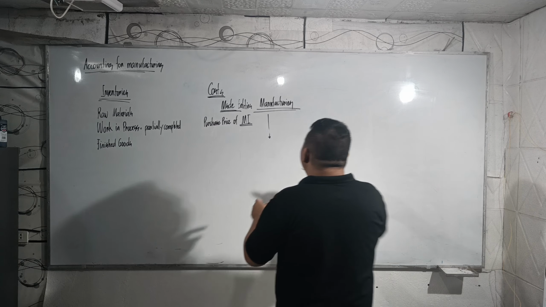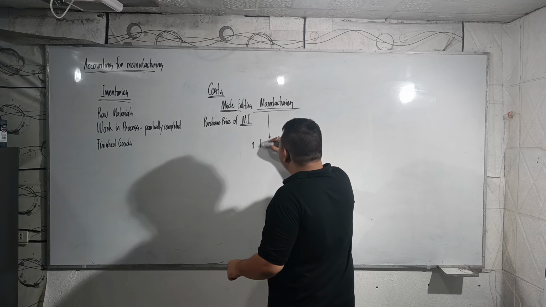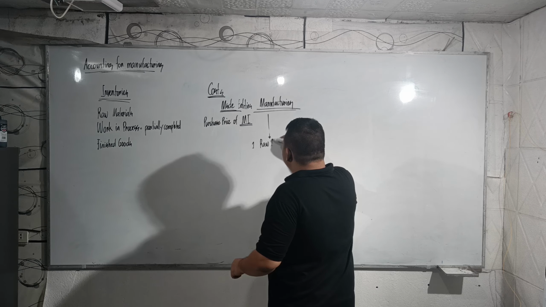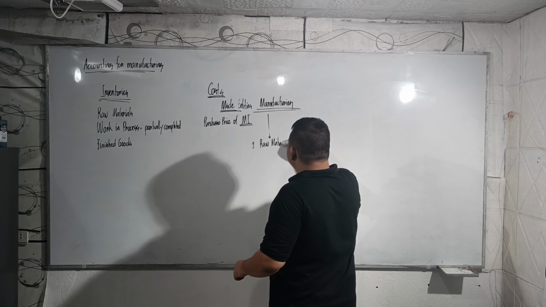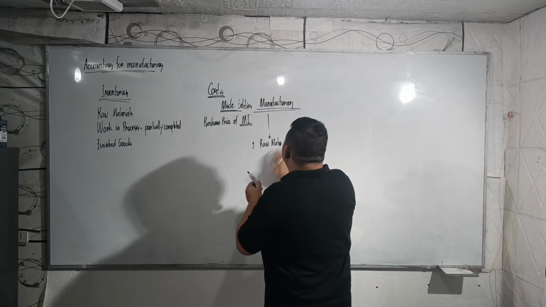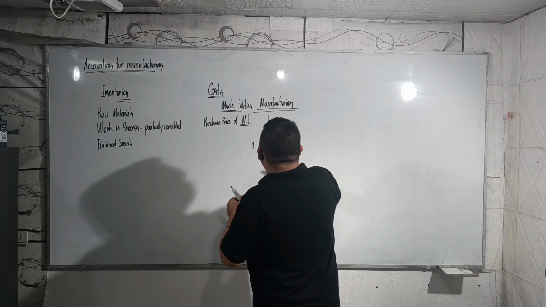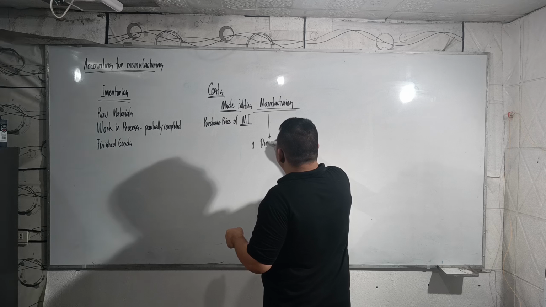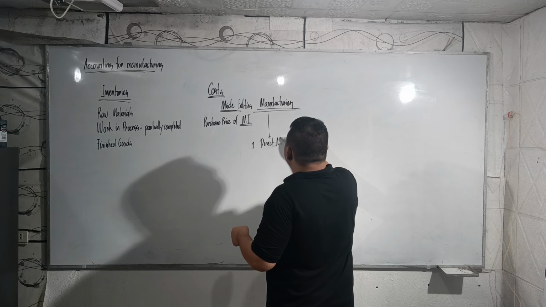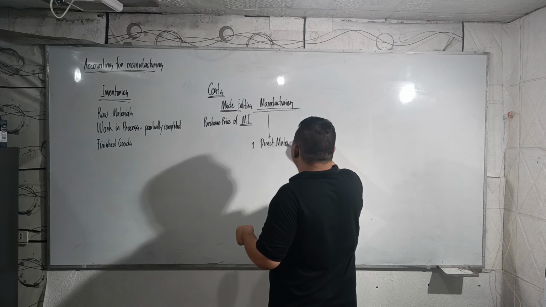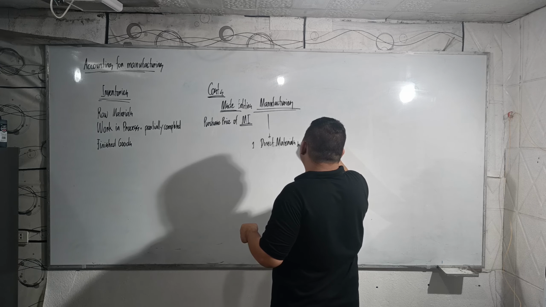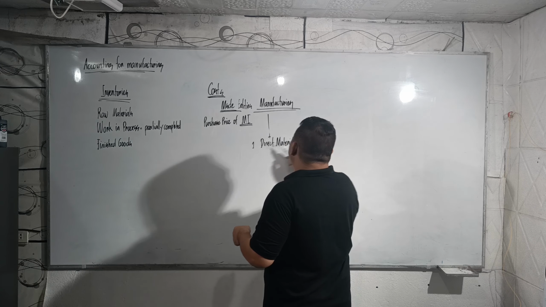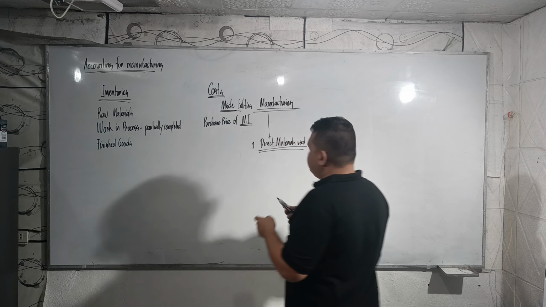So, the first cost is the raw materials used. To be specific, that is direct materials used. So what is this direct materials used?